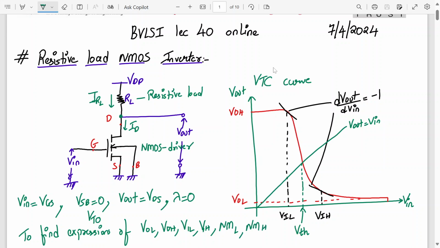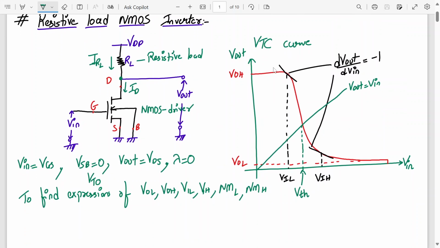Alright, so from this discussion, let us start. We have already seen the operating regions. We have written the operating regions of the NMOS driver last time, correct? Yes or no? And under steady state condition, we can also write over here that IRL is the same as ID. If you apply KCL at node D, you will get the load resistance current equal to the drain current in the MOSFET.